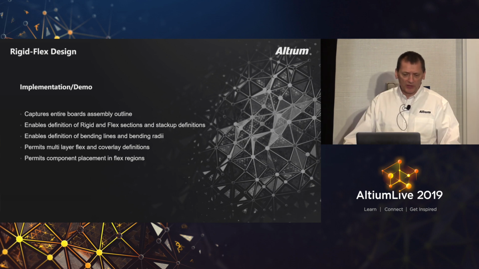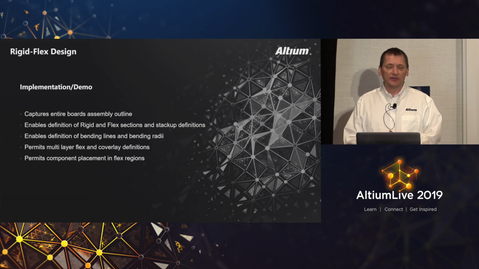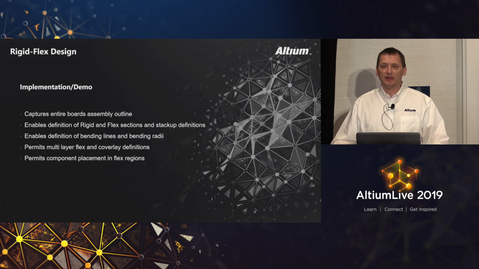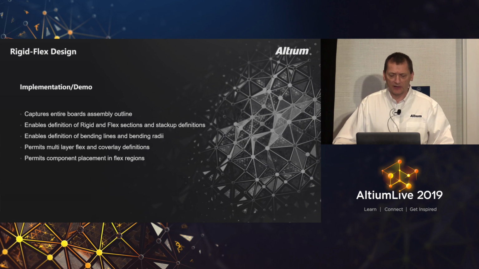So basically, we're going to look at how do you start? How do you get an outline of something that ends up compact with several folds and bends, and how do you even begin to think about an outline for that? How does that start? We'll look at what modifications we've made in Altium Designer to handle that.